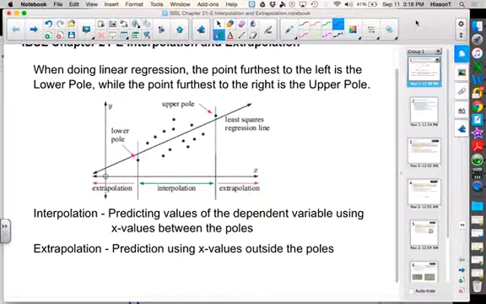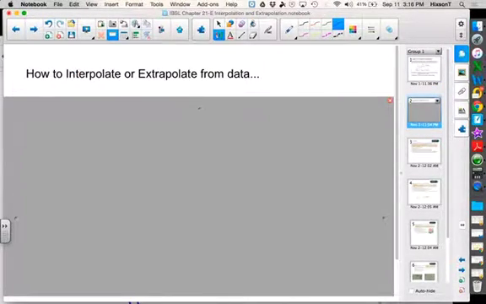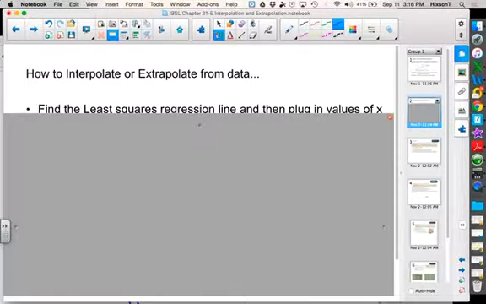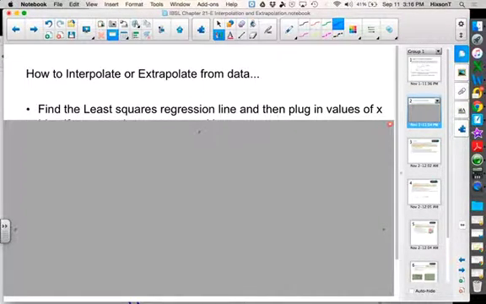So let's mention a few things here about interpolation and extrapolation. All right? First of all, obviously you have to find the least squares regression line. And that's going to be your model. And really you just evaluate that model for different values of x.